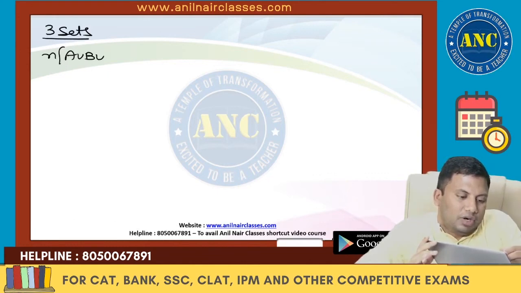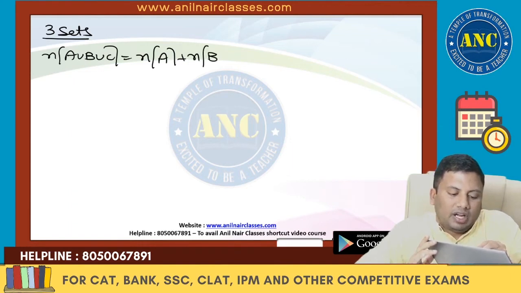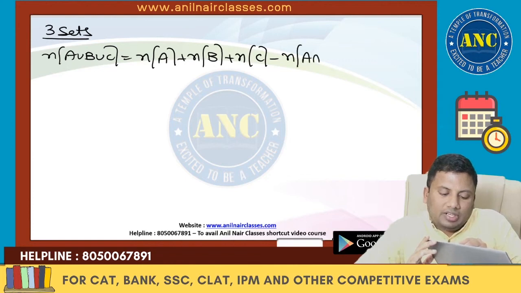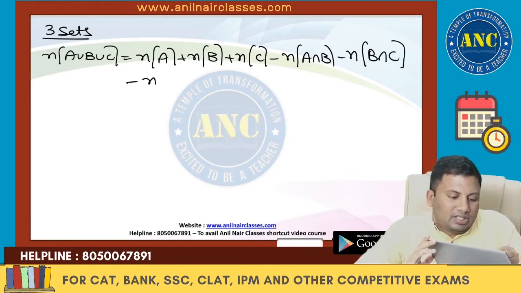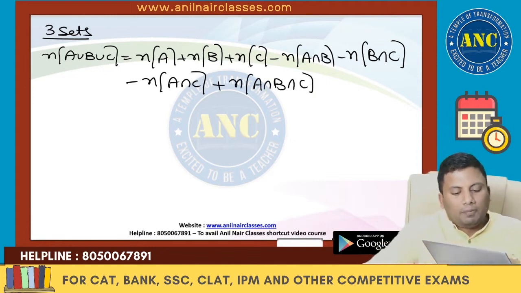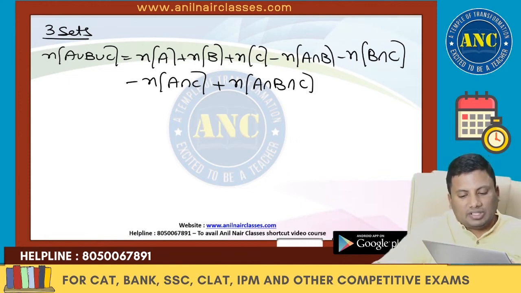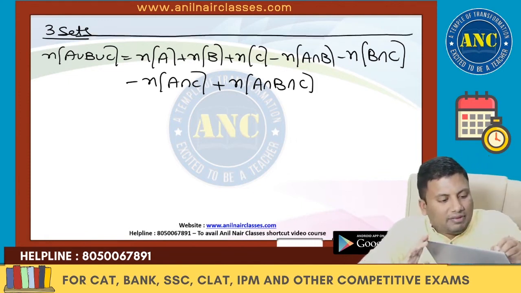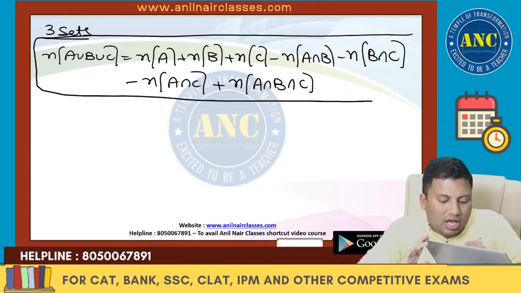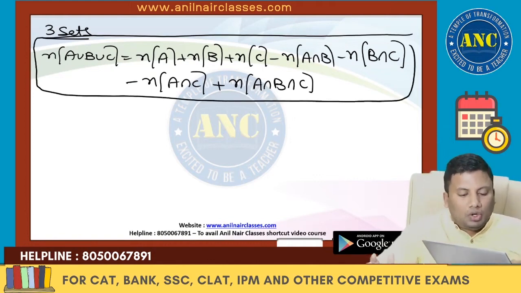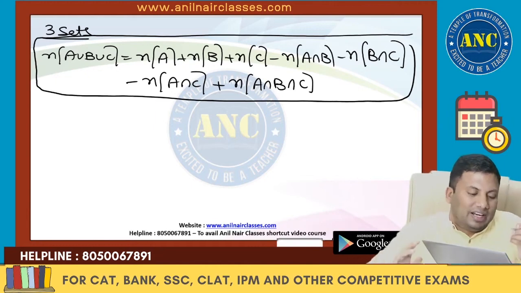N of A union B union C is N of A plus N of B plus N of C minus N of A intersection B minus N of B intersection C minus N of A intersection C plus N of A intersection B intersection C. This is the fundamental theorem of inclusion and exclusion. We will try not to use this formula unless and until it is required.